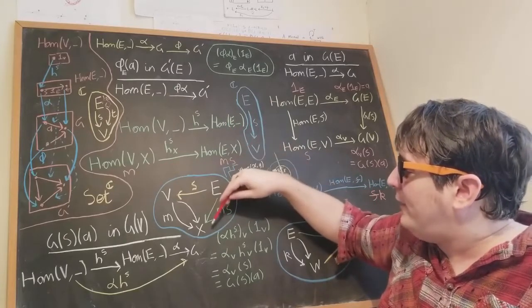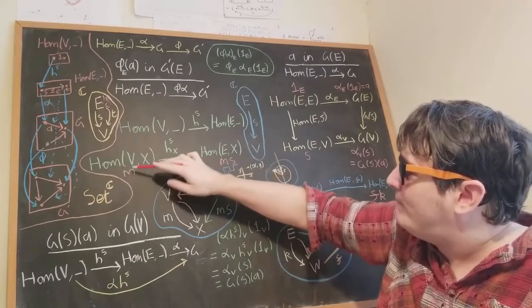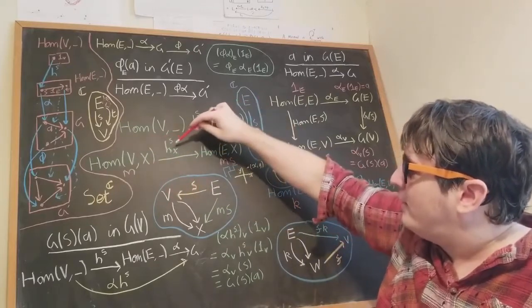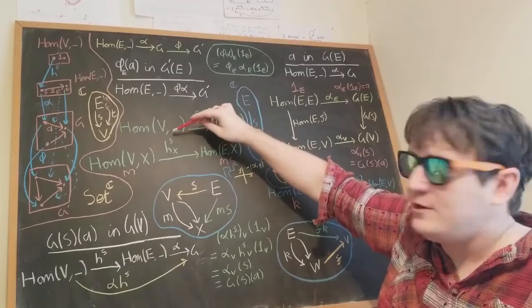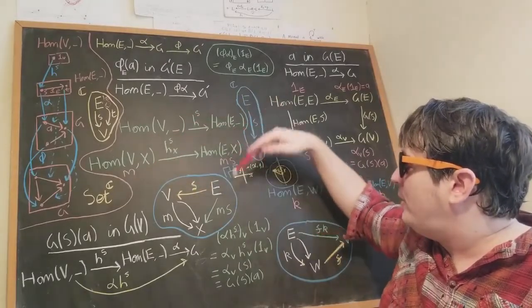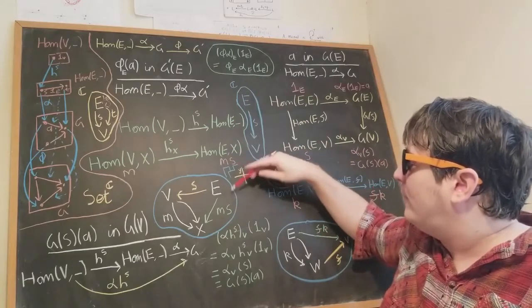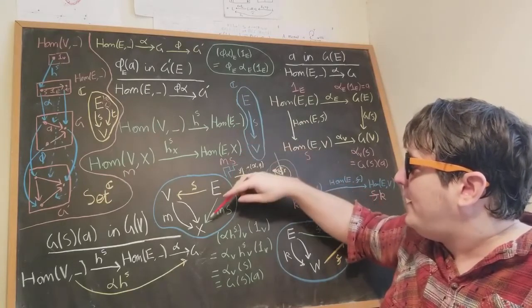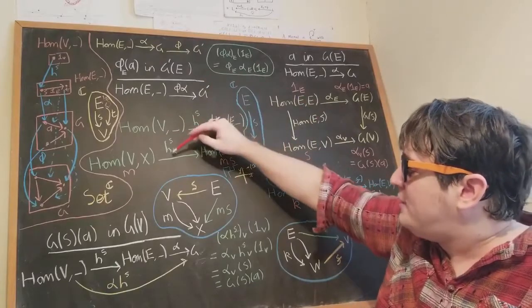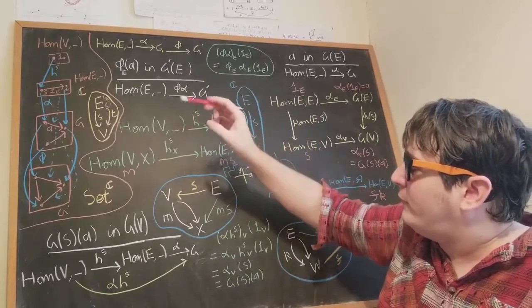So how do we do it? Well, let's say we have an arrow m from V to x. Well, this function here, the x-th component of this H to the power of S thing, it sends this m to m after S, which is indeed an arrow from E to x. Okay, so that's what this H to the power of S thing is.